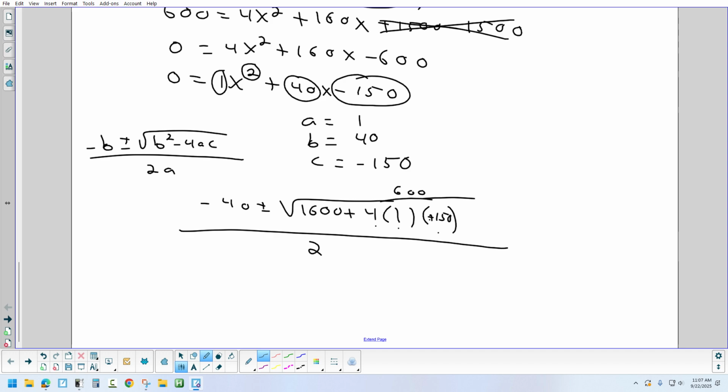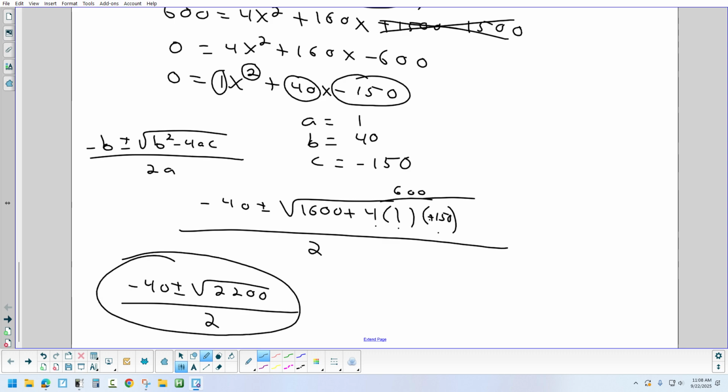And now let's write our final answer, before we change it to a decimal. 1600 plus 600 gives me how much? 2200. Now we have to see what that comes out to when we type it in. How many answers is this giving me? 2.